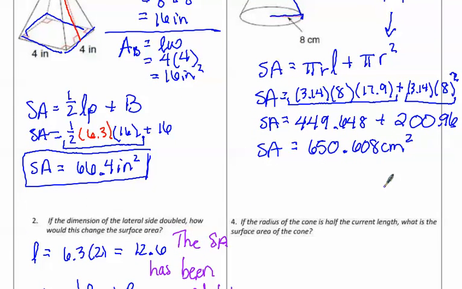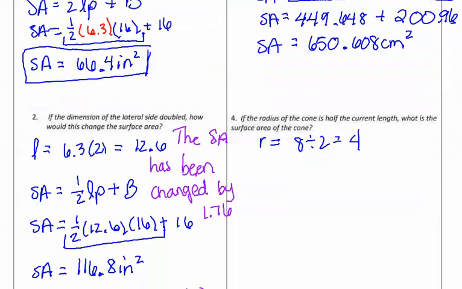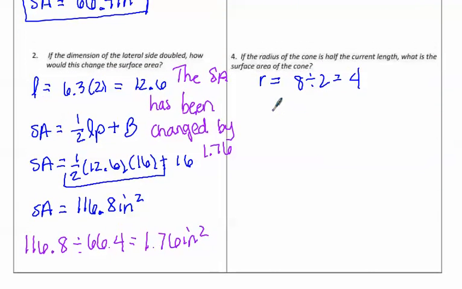Then it asks, if the radius of the cone is half the current length, what is the surface area of the cone? Right now, the radius is equal to 8. So if I divide 8 by 2, I get a new radius of 4. So let's plug it back in.